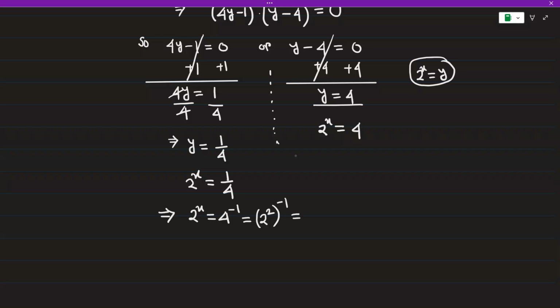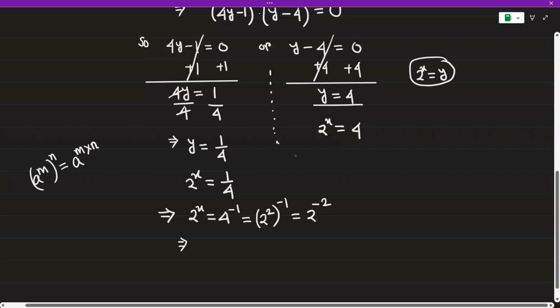Now if we use the power rule, which is (a^m)^n = a^(m·n), we can write here 2^(-2). Now the base is the same, so if we compare the exponents only, we got x = -2. So we got our first value, which is x equal to -2.